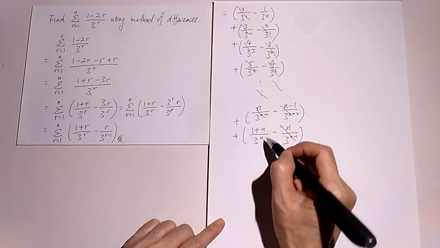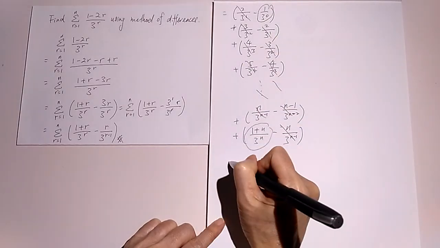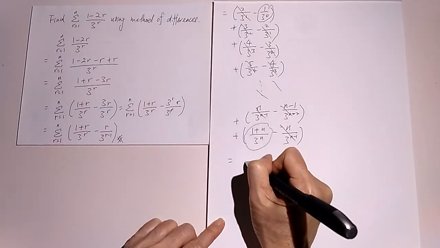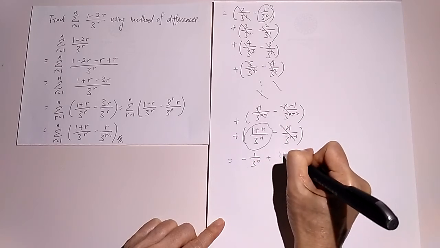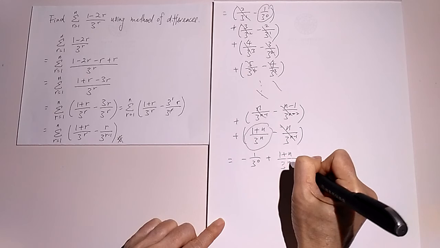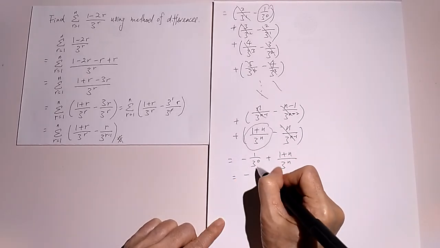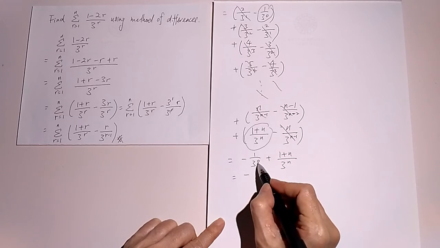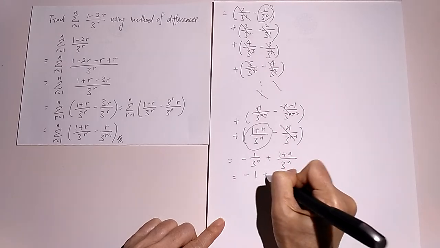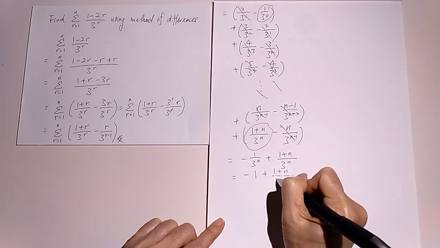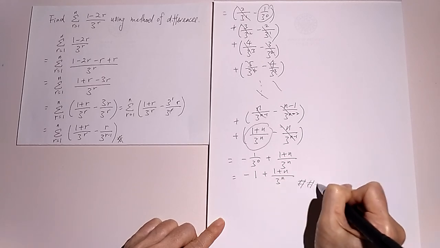Only left with this term and this term: the minus 1 over 3 to the power 0, plus (1 plus n) over 3 to the power n. 3 to the power 0 is 1, so 1 divided by 1 is 1, minus 1 plus. So this is how we get the summation simplified. So this is the answer.